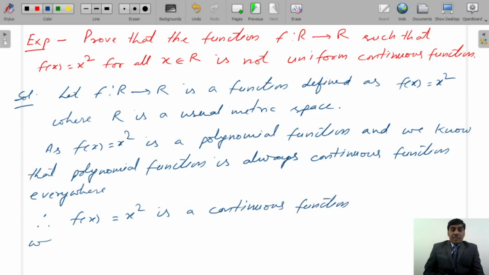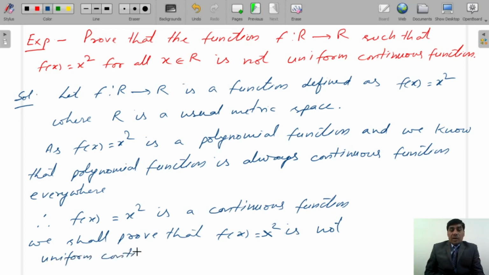We shall prove that f(x) is equal to x square is not a uniform continuous function.